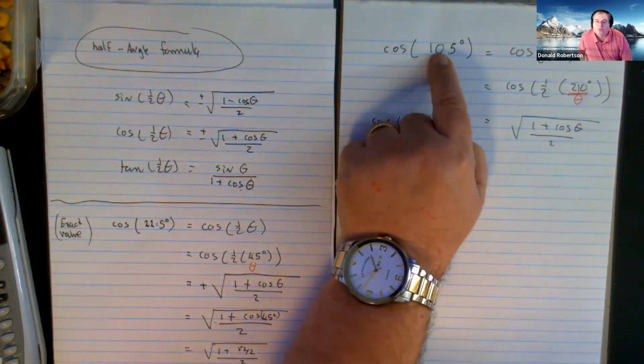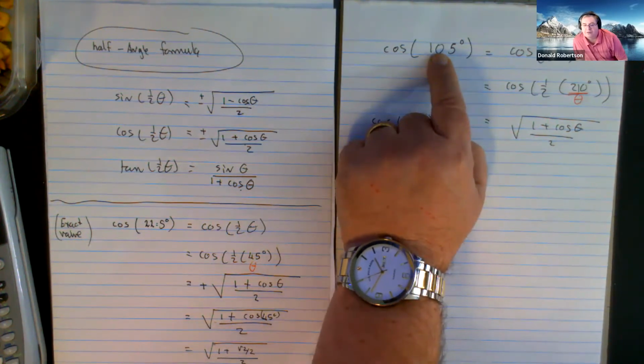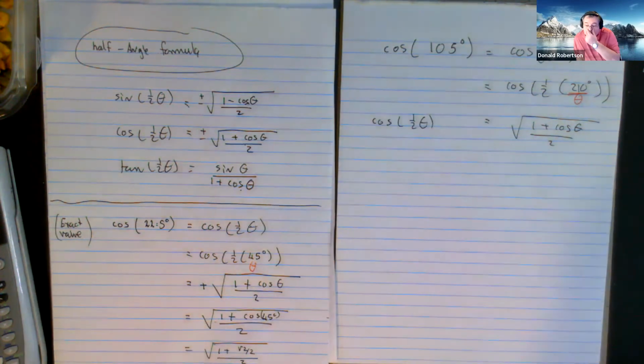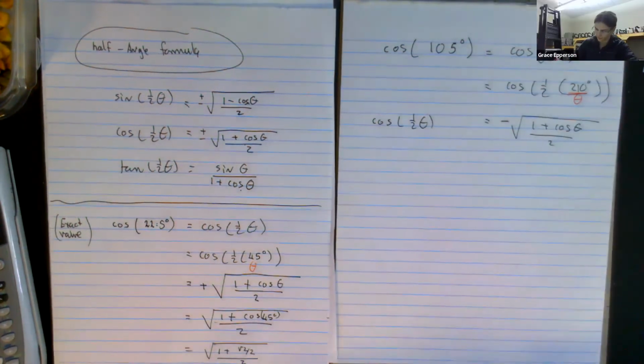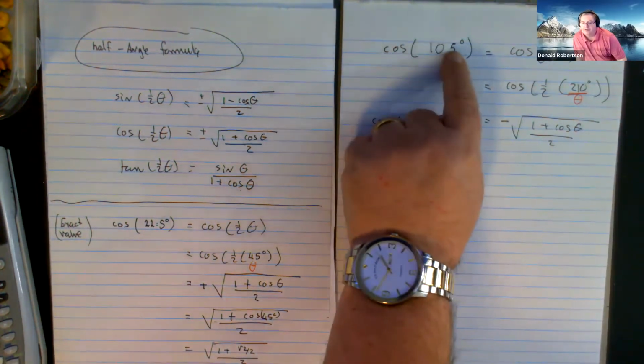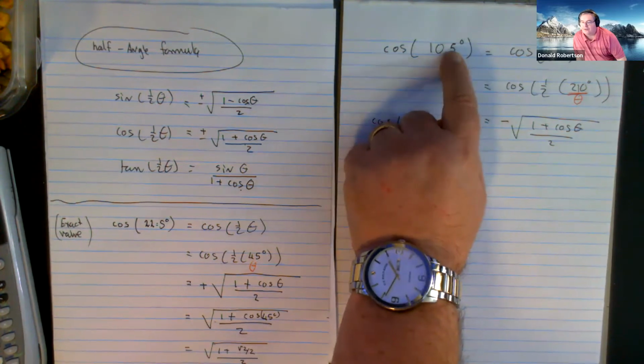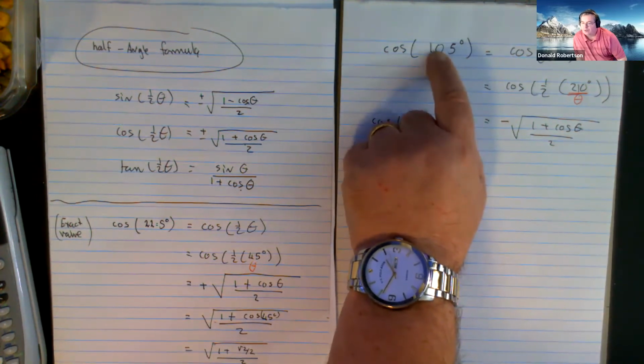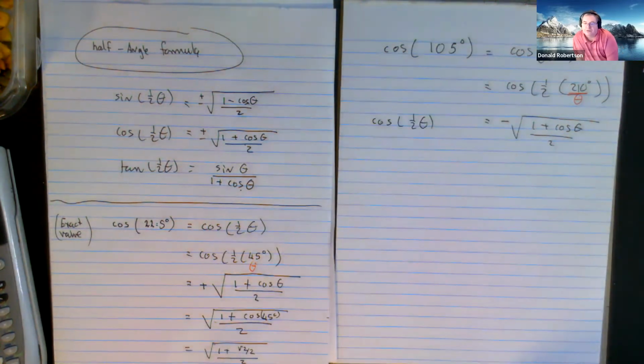Is the cosine of 105 positive or negative? It's negative. Right, it's in the second quadrant. That's how I know to use the negative. Don't I just look at which quadrant the original angle is in? If it's in the first, it's positive for a cosine. If it's in the second, it's negative.